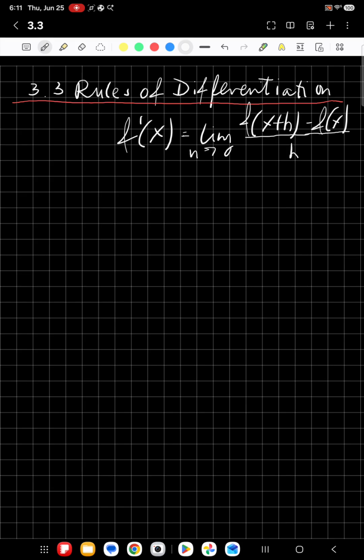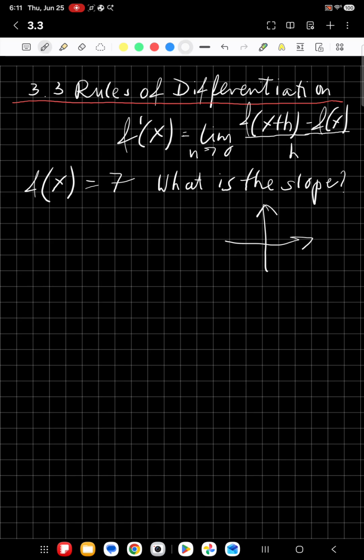Anyway, I'll give you a couple of ways that we can calculate derivatives much more easily. Let's start with the derivative of just a constant, let's say 7. The question is, what is the slope? It's just a horizontal line. We could graph it quickly here: y equals 7, or f of x equals 7.